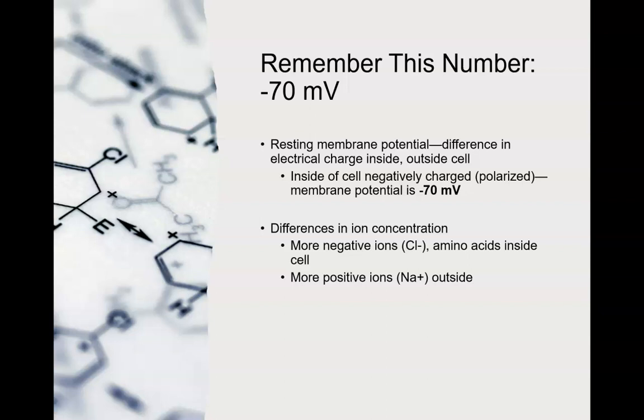In addition to the fact that the neuron is basically only permitting certain ions to come inside, there are a few other things that are happening. First of all, we have electrostatic attraction. So basically, this is the idea that opposite charges attract and like charges repel each other.